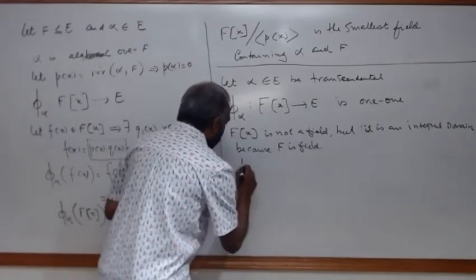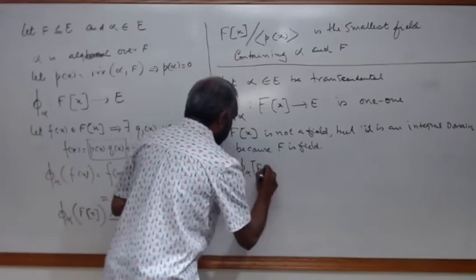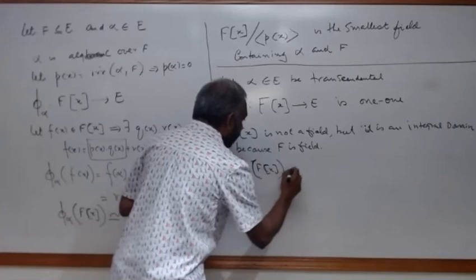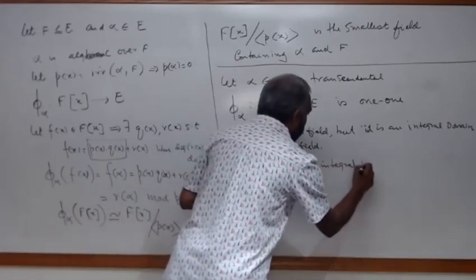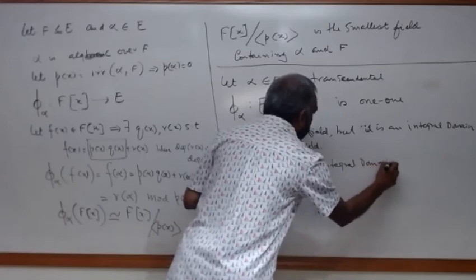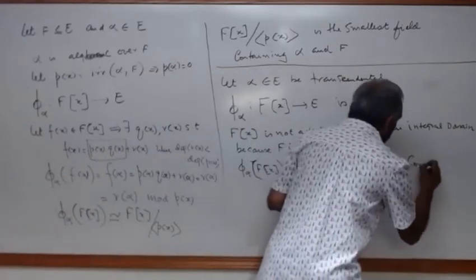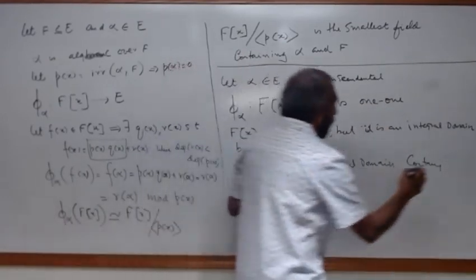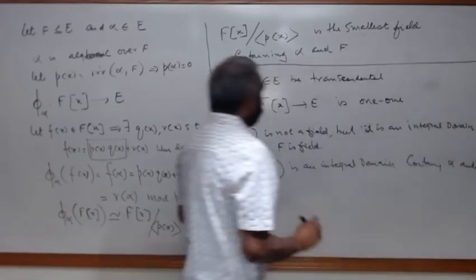So that means phi of alpha of f of x is an integral domain containing alpha and f.